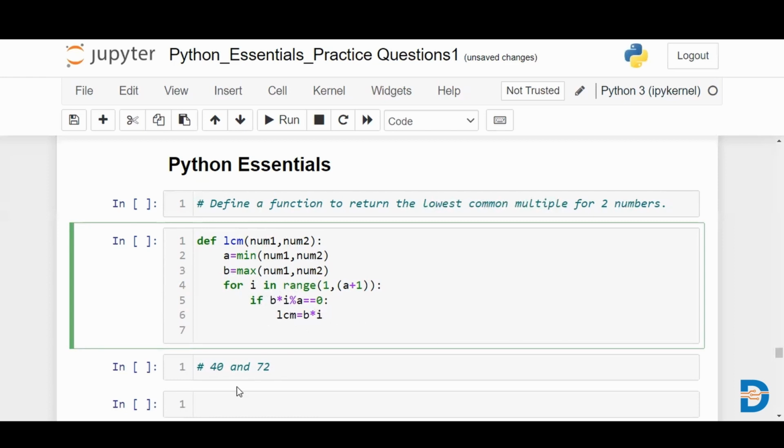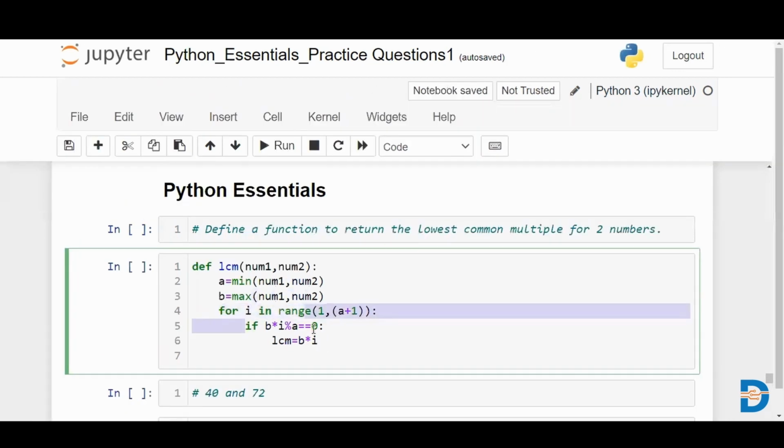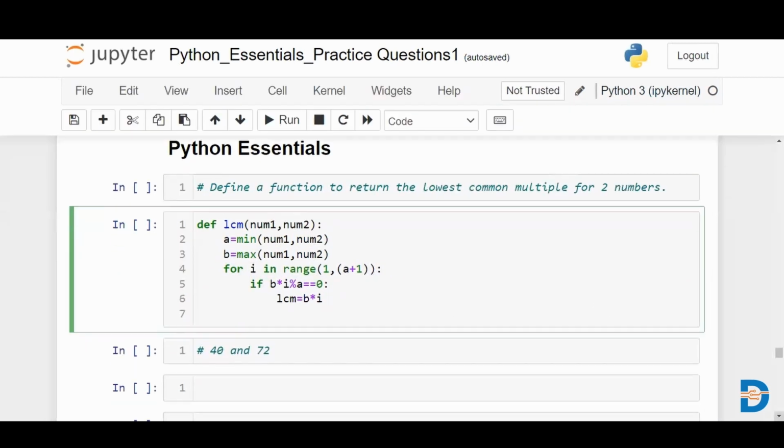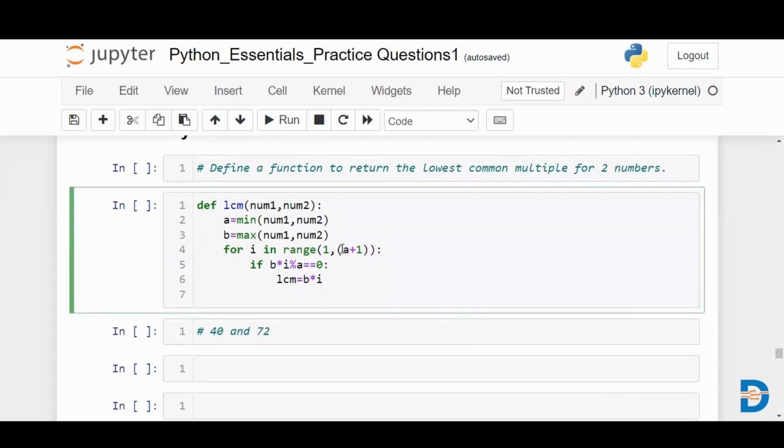So basically, if we have running through 72 times 1, 72 times 2, or the larger number times a few numbers over here. If it's not going to meet, we are just going back to the for loop and increasing the value of I by 1, right? At which point, if we do come across a point where you're peaking at 40 itself, right?